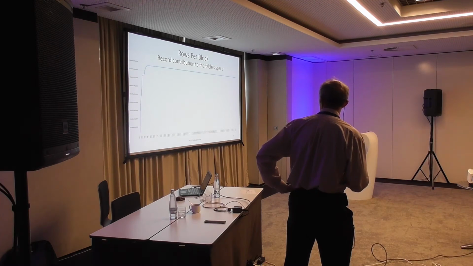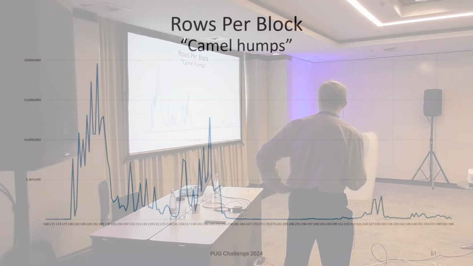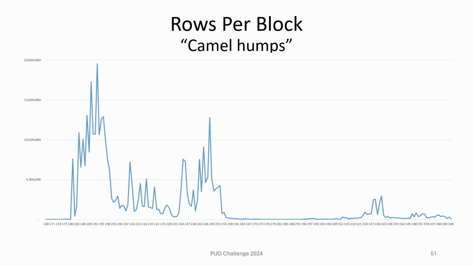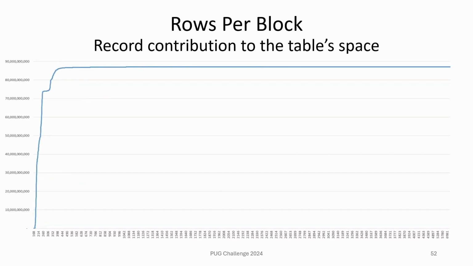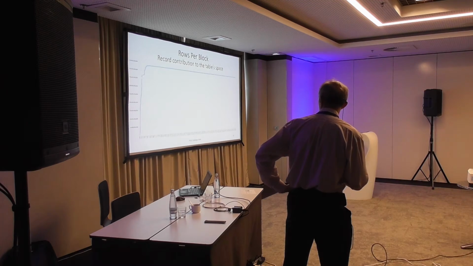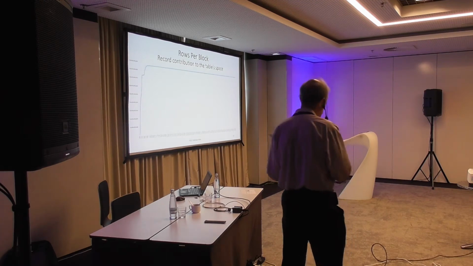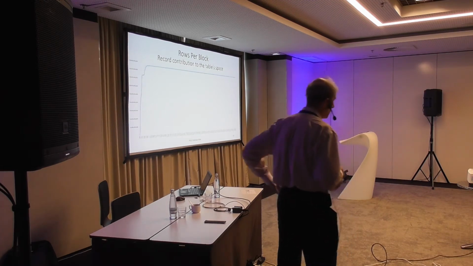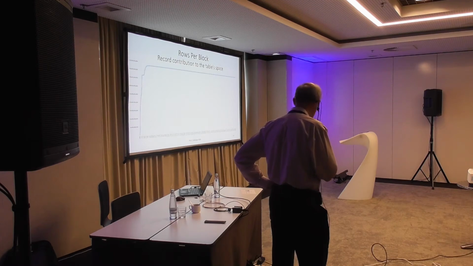This area corresponds to this: the big hump and the small hump. The contribution of the records of the big hump is much bigger, so almost all the records are up to here. That's why it's better to use 32K instead of 16 in this case.